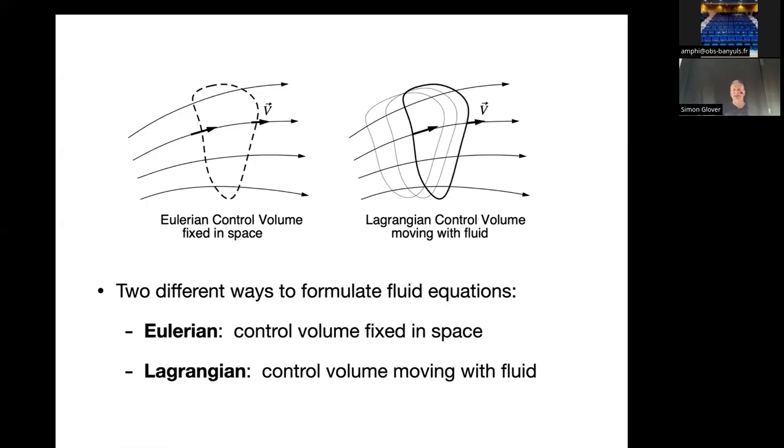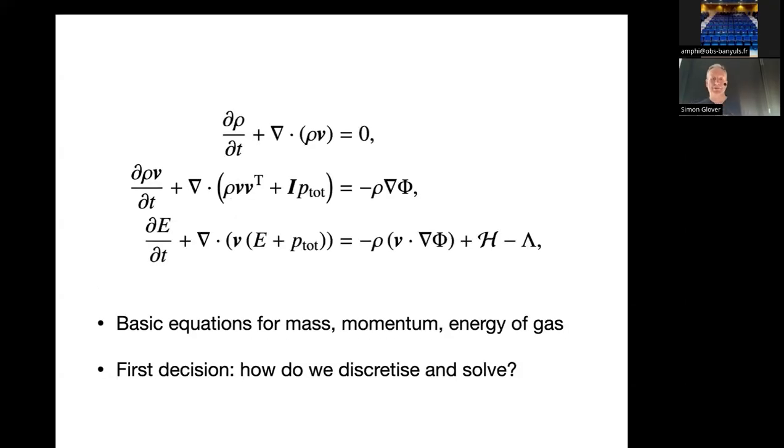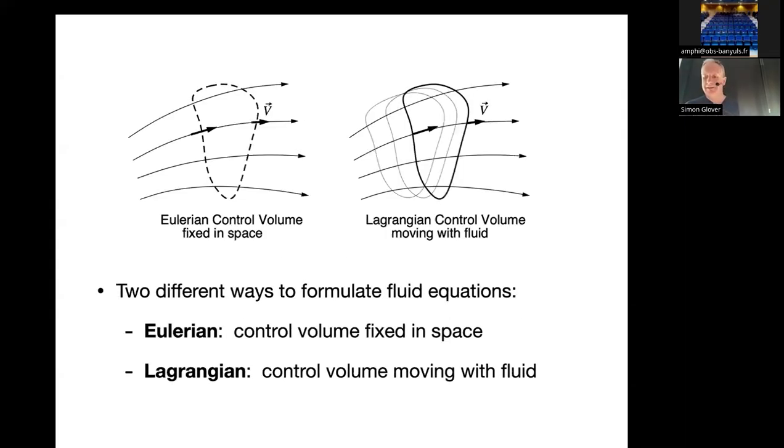We can write them down in an Eulerian perspective, which I've done here, where we're dealing with a coordinate system which is fixed in space. So our observer is fixed at some point in space and looks at the flow of fluid past them. In this little picture, we have some control volume that's fixed in space, and we see how gas is flowing in and out of that volume and how the variables within that volume are changing.